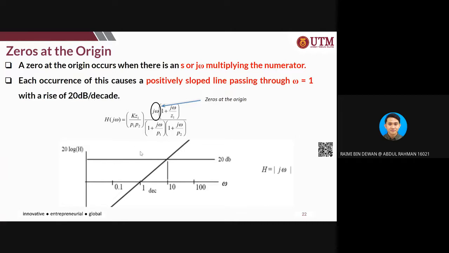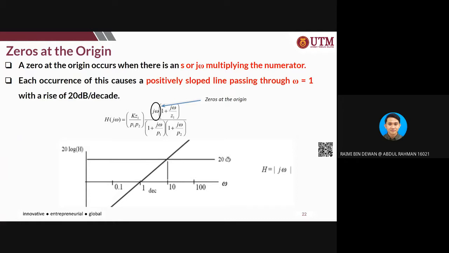So if you have j omega at the top part, the numerator, you will have a zero at the origin. If you plot it, it passes through 1 with a rise of 20 dB per decade.